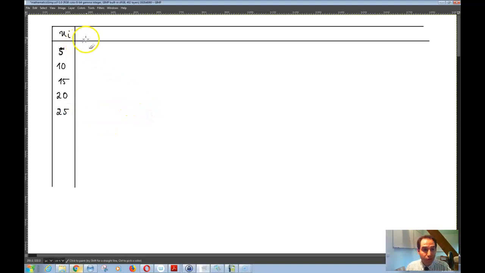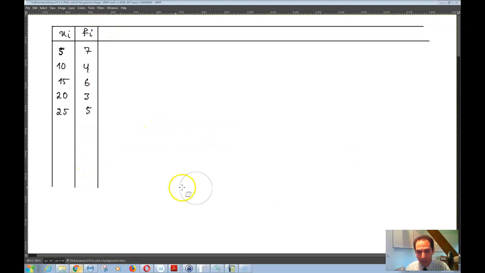And the frequencies related to these observations are 7, 4, 6, 3, and 5.